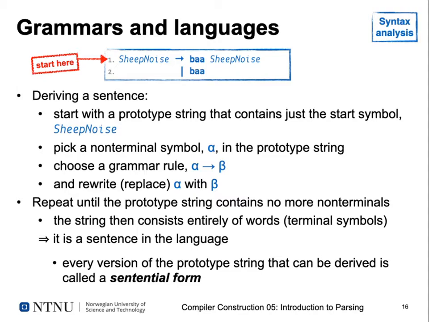Then finally the string only consists of words, essentially tokens of our input language, so terminal symbols. This means the string is a sentence in the language, and if we've derived something like this, we know this is a valid string, a valid input for our grammar. Every version of the prototype string that can be derived, we call a sentential form. So it is some sort of a prototype for a valid sentence in a language.